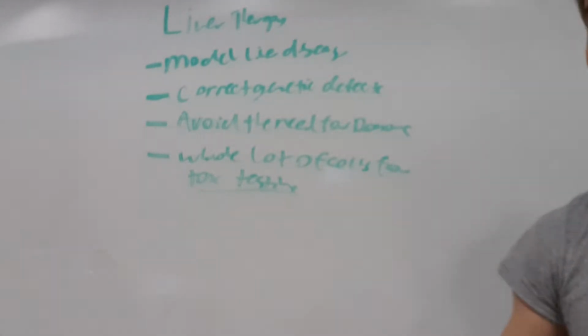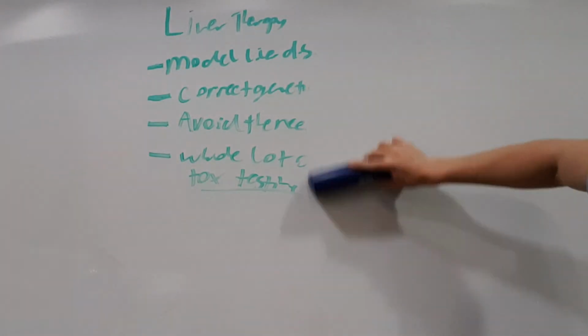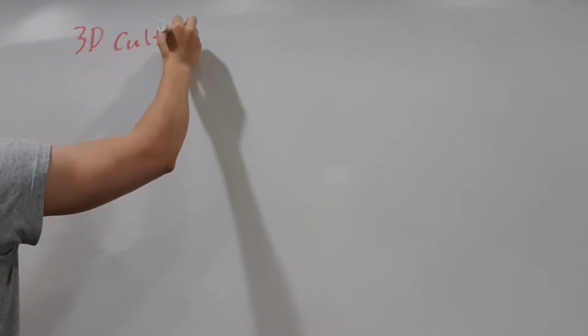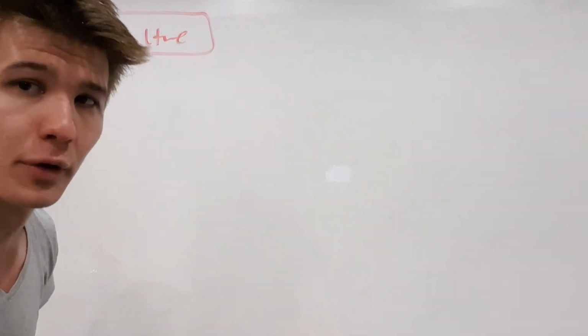Now the thing about liver cells when we culture them is that we want to make organoids, 3D organoids. Liver cells really don't like being in 2D culture. It cramps their style. It's not their vibe. But if we take them in 3D culture, they actually grow really well.